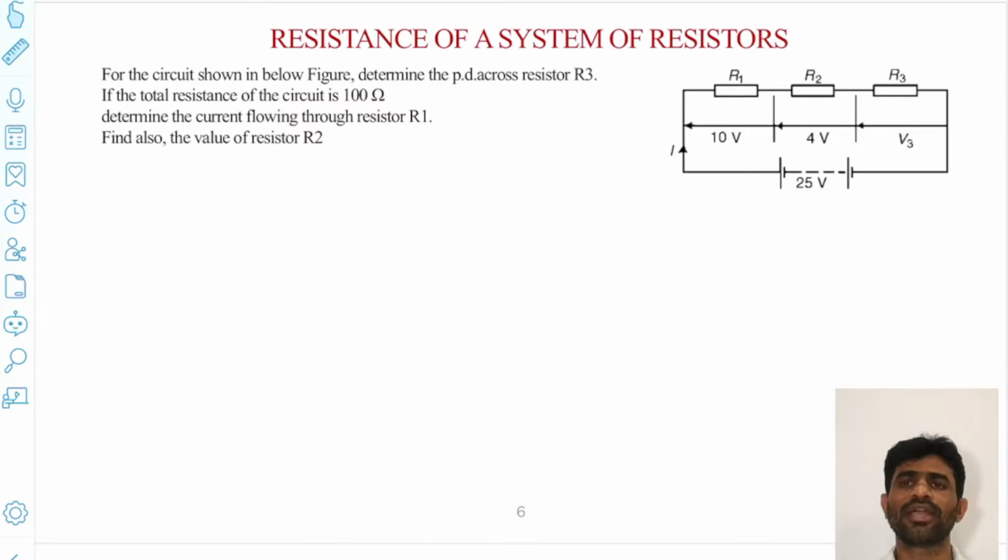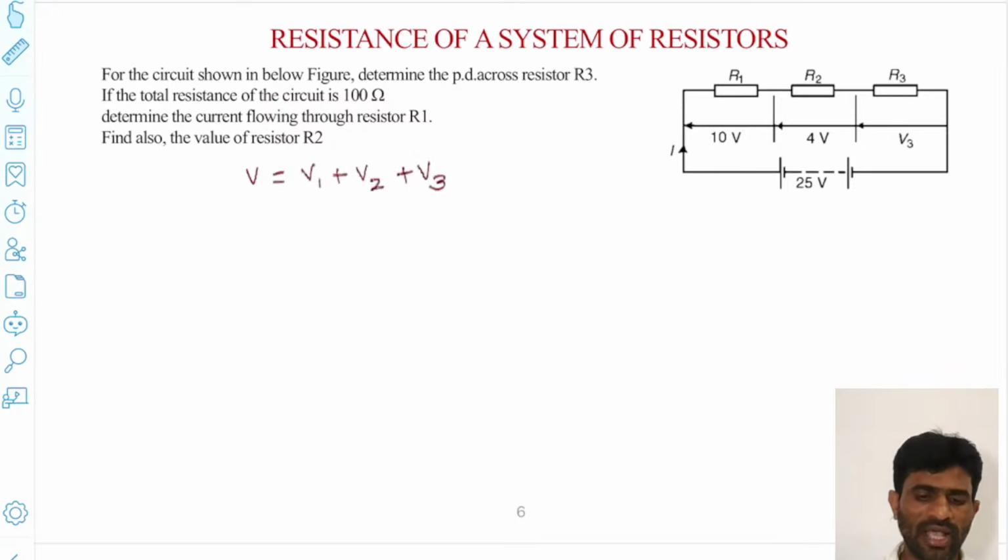Because see, voltage across R1, that is potential difference across R1, is given as 10 volts. Potential difference across R2 is given as 4 volts. And the total potential difference is given as 25 volts. So potential difference across R3 should be 11. So here the formula we use, we know V is equal to V1 plus V2 plus V3.